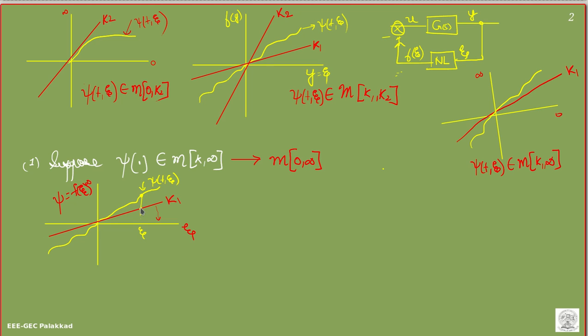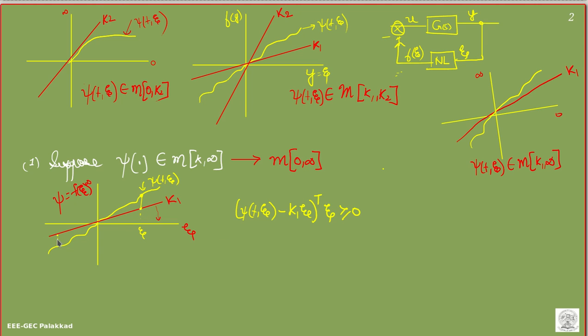It will always be positive here. And here also, if I take the difference, xi of t comma zeta minus k1 into zeta, both will be negative, and this difference will also be positive. So I can say that psi of t comma zeta minus k1 times zeta, the whole transpose into zeta, is always greater than 0.